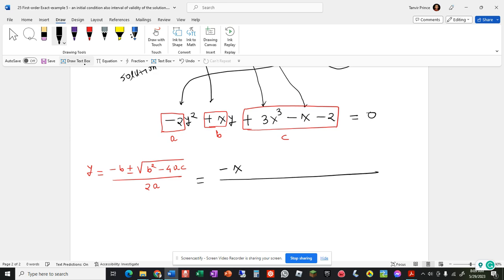Minus b plus or minus the square root of b squared minus 4ac, divided by 2a.